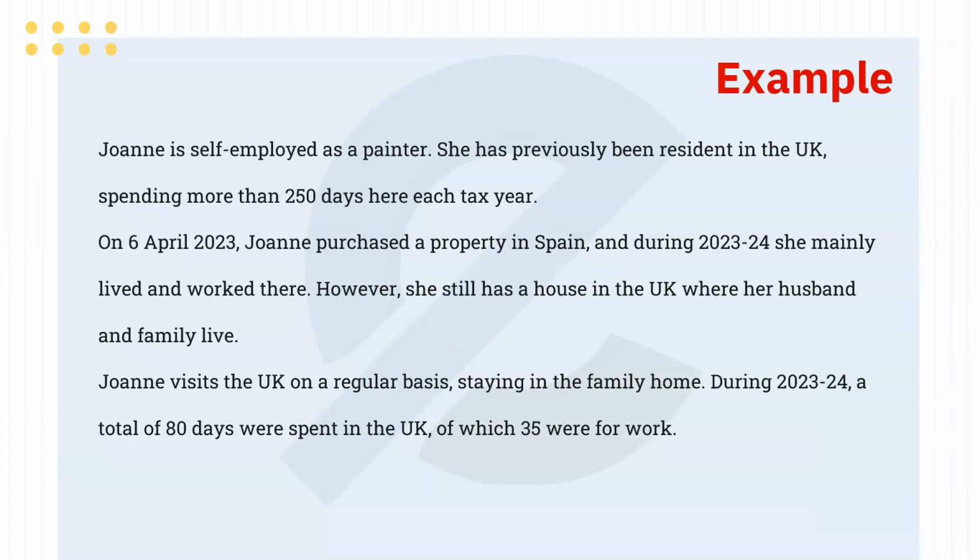However, she still has a house in the UK where her husband and family live. Joanne visits the UK on a regular basis, staying in the family home. During 23-24, a total of 80 days were spent in the UK, of which 35 were for work. The question is, for the tax year 23-24, is Joanne UK resident or not?